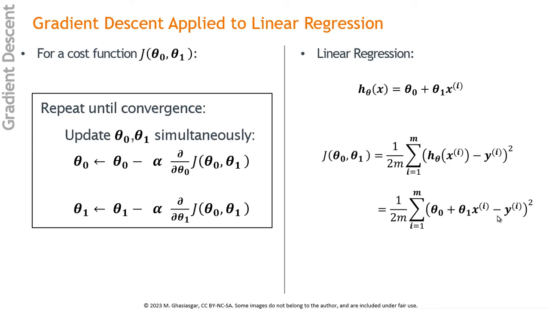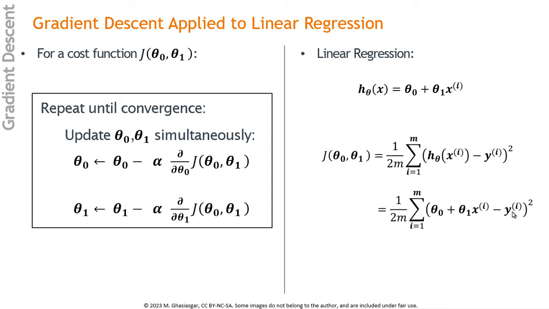Well, there would be a single term that's proportional to theta 0 squared. There's also a term that's proportional to theta 1 squared. There's another term that's proportional to theta 0 times theta 1. And there's another term that's proportional to theta 0, another term that's proportional to theta 1, and finally another term that's constant.